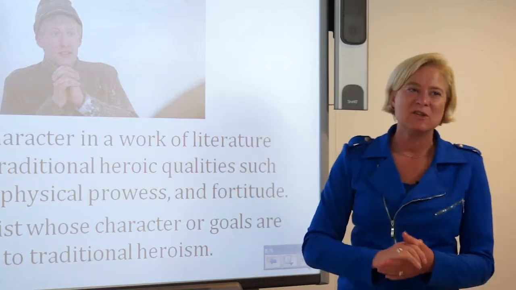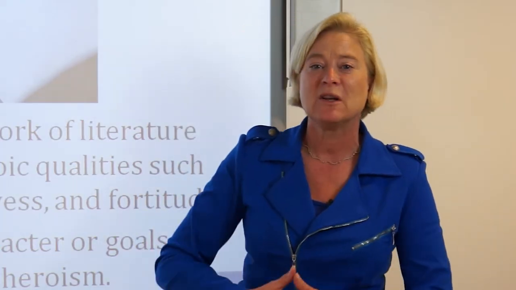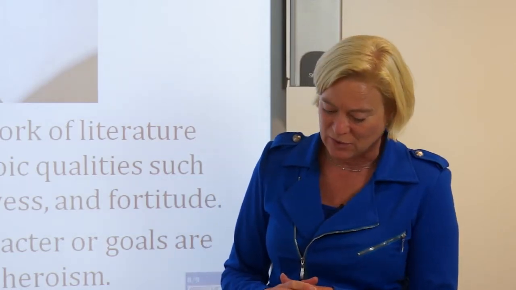The man in the image here is a good example. This is Billy Pilgrim from Slaughterhouse-Five by Kurt Vonnegut, and he is extremely unheroic, yet he is the protagonist of the story.